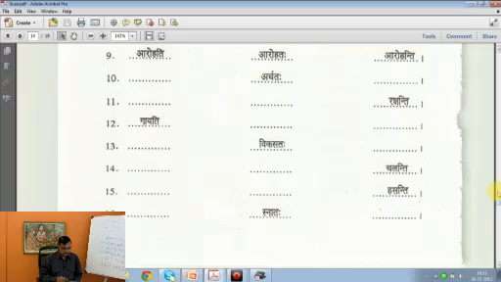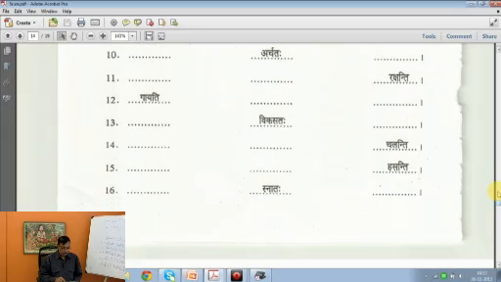Chalati, chalataha, chalanti, walking. Hasati, hasataha, hasanti, laughing. Snati, snataha, snanti. Snati is bathing, bathes. Like balakaha snati, a boy is bathing.